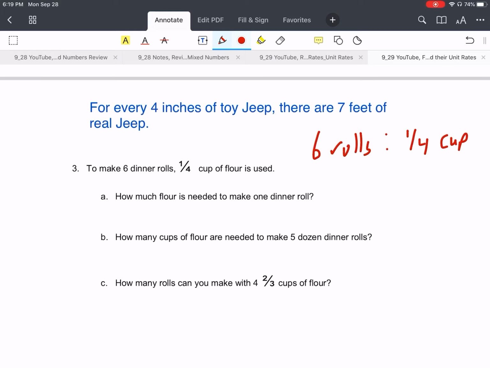In order to find how much flour is needed for 1 roll, we're going to divide both of these by 6. And if we do 1/4 divided by 6, that's going to be the same as 1/4 times 1/6, which gives us an answer of 1/24 of a cup.